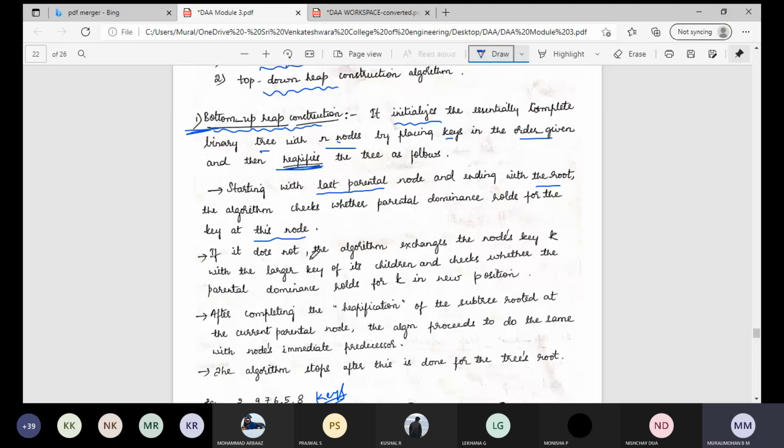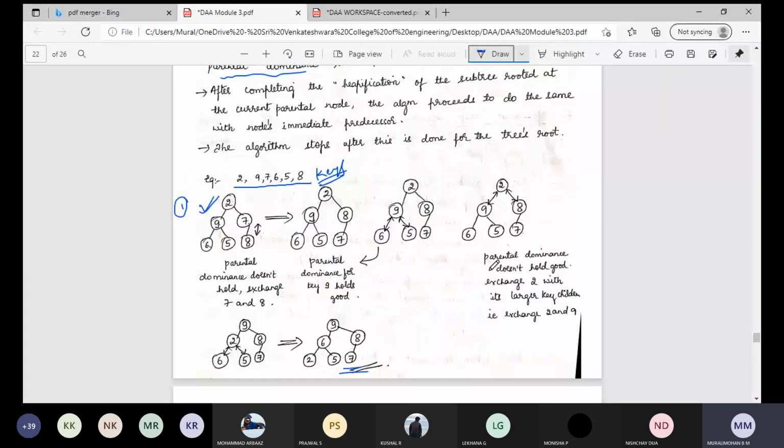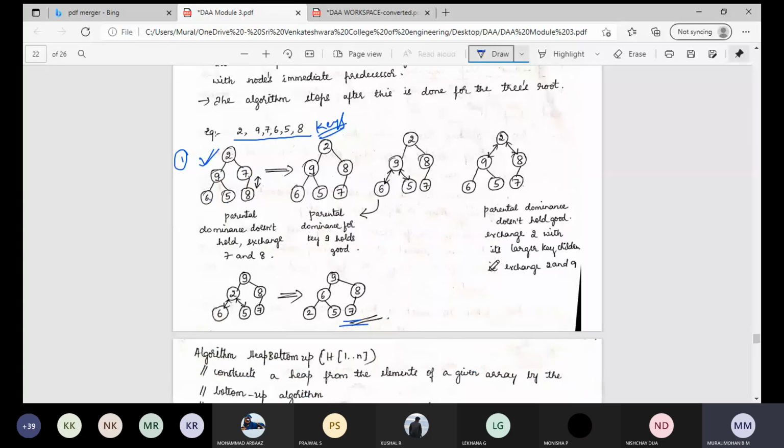If it does not, the algorithm exchanges the node's key k with the larger key of its children and checks whether parental dominance holds for k in its new position. That is what happened with this 2 here. It was not holding, so we exchanged again. We should repeat this procedure.